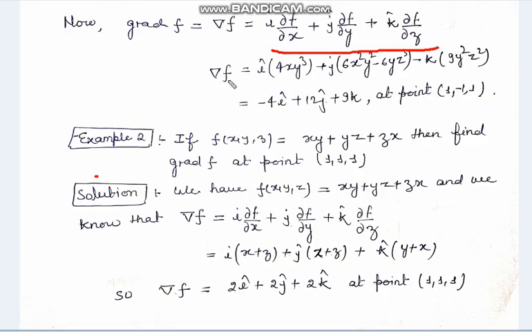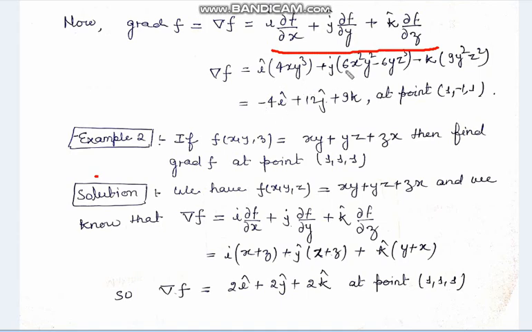We get ∇f equal to 4xy³ i, and simplifying this and putting 1, -1, 1 in place of x, y, z respectively, we get from here 1 into -1, since y is -1, so this gives us -4i.